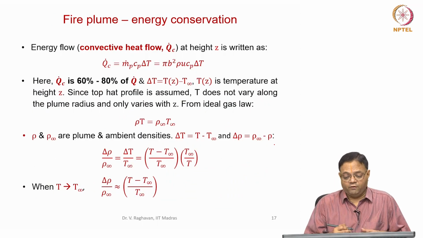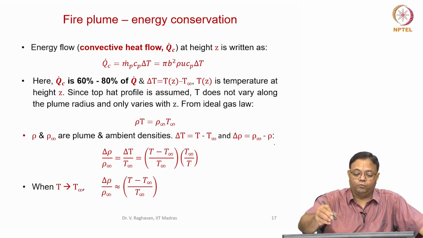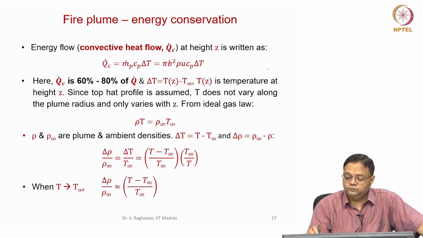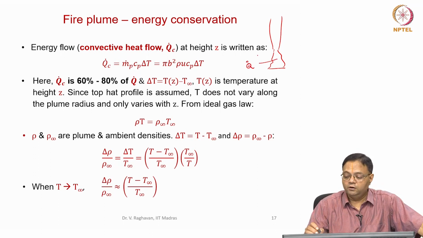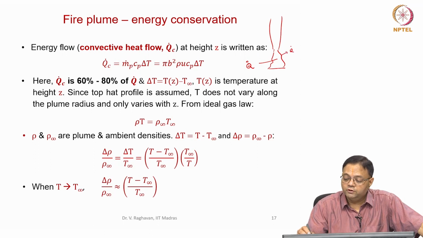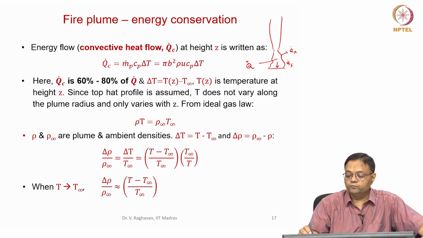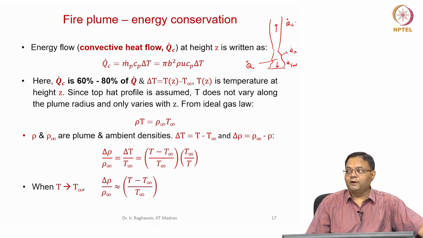Then we will now consider the energy flow, where there is a fire and a plume goes over it. This fire generates some heat Q dot, some amount of Q is lost through radiation, some amount of Q is given back to the fuel for heating it, and the plume carries some amount of heat by convection.